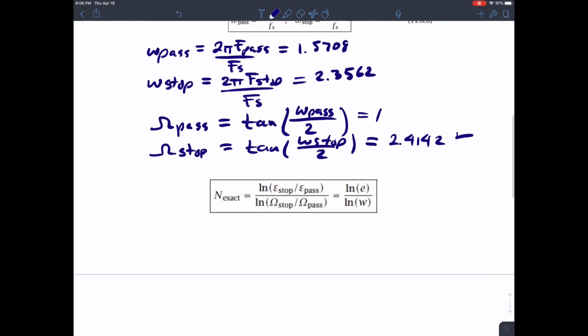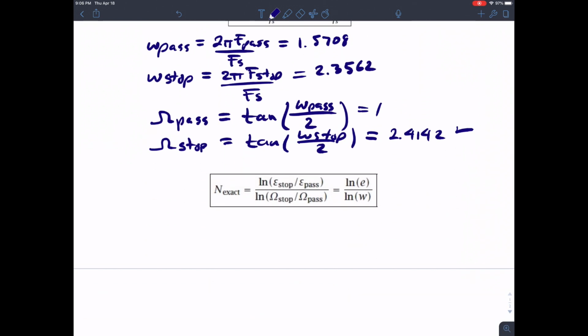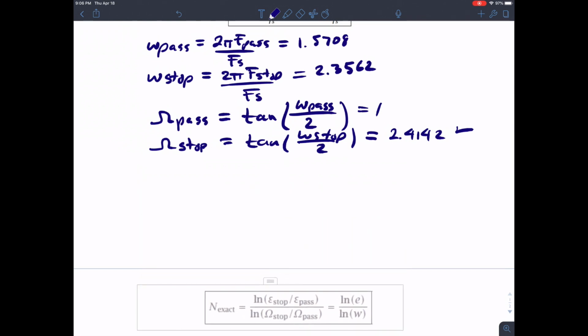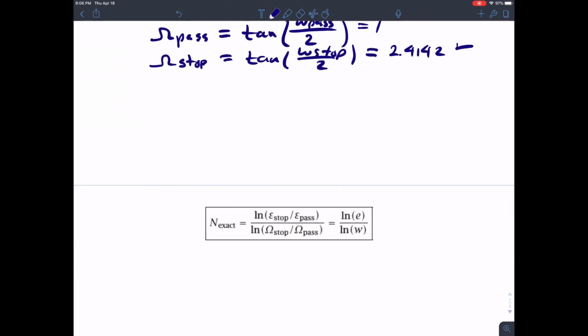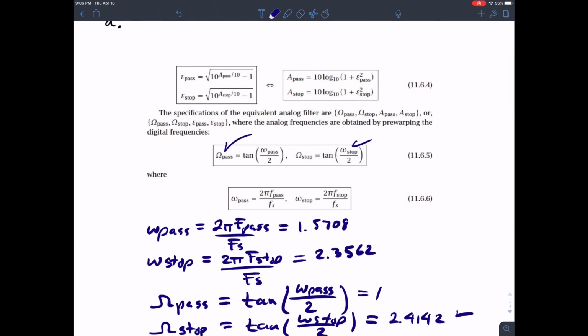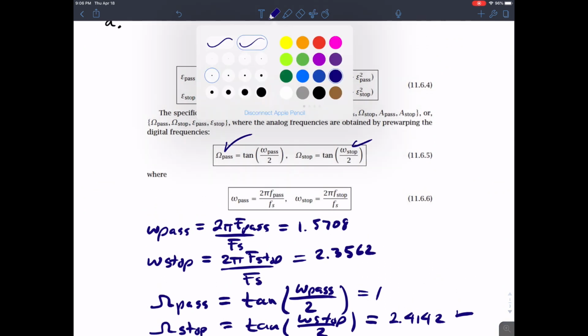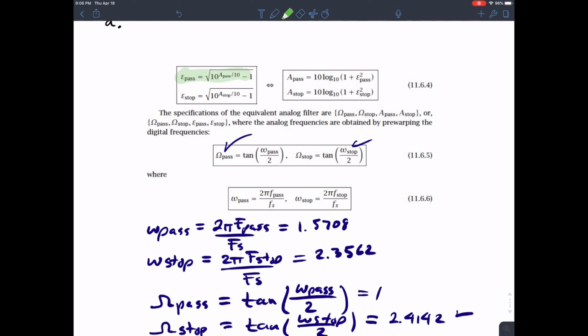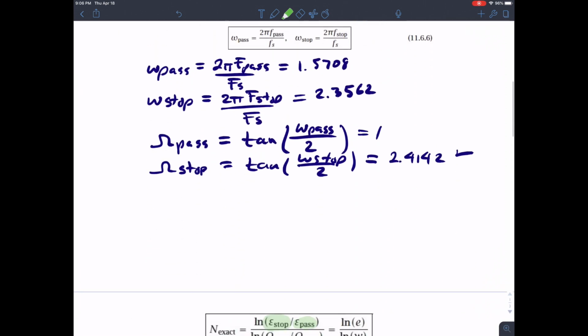So we have these parameters, and to calculate the order of the filter, we also need to calculate, if you look at the formula, epsilon stop and epsilon pass. Those are given by this box up here, from the stop band specification and the pass band specification.